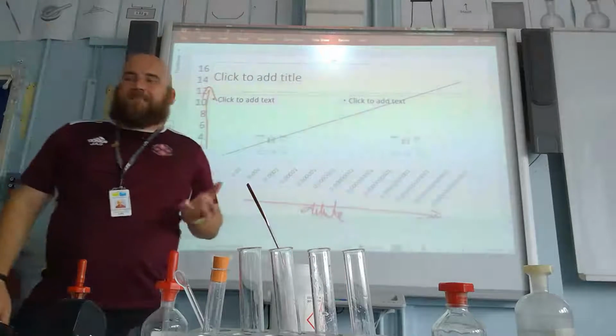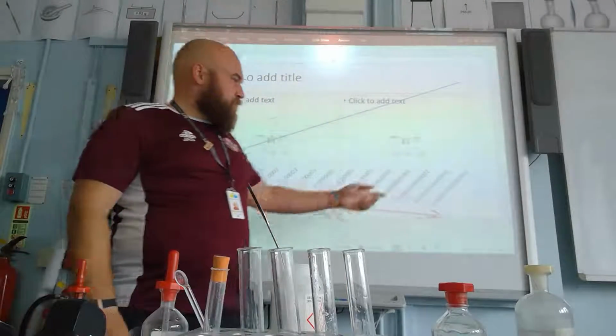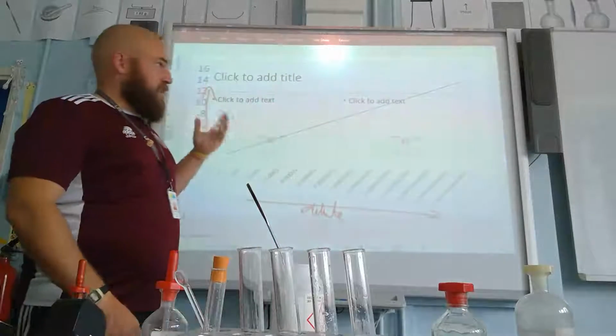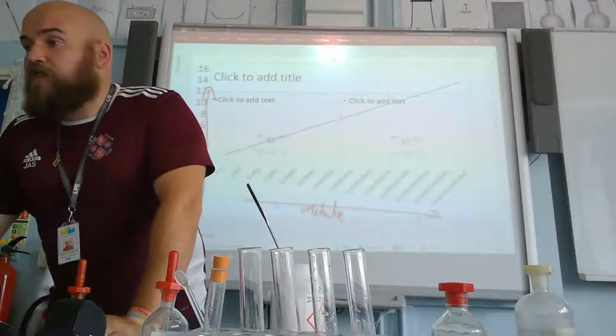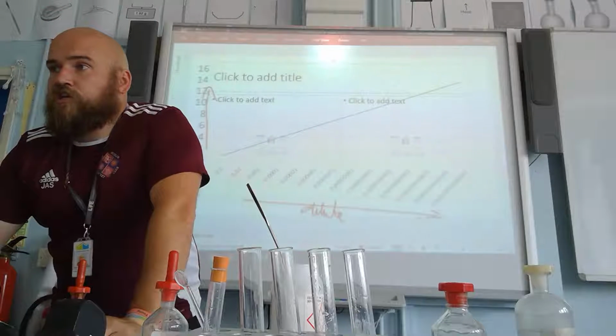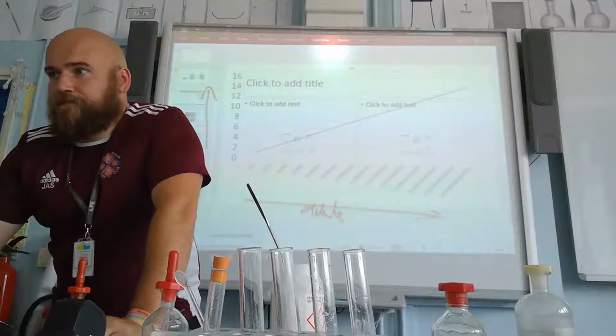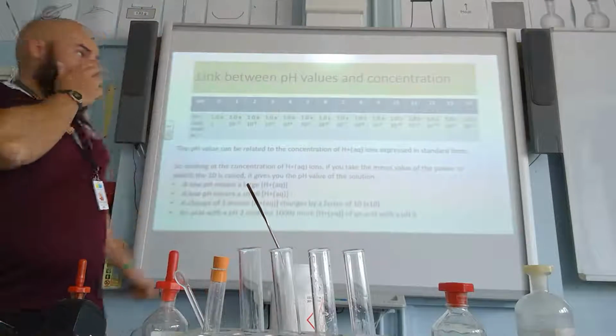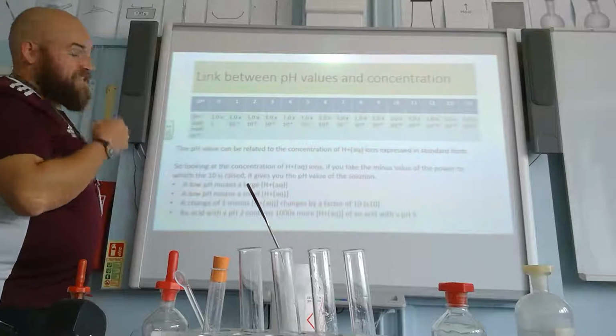So in an alkali, would you expect there to be much H plus? Well, no, very, very little. And this just proves it. So it's a nice little graph there to prove the relationship between concentration of H plus and pH. You could write it in standard form as well.